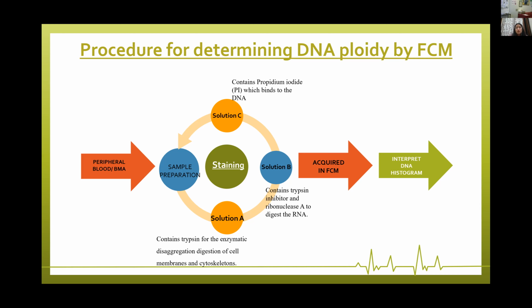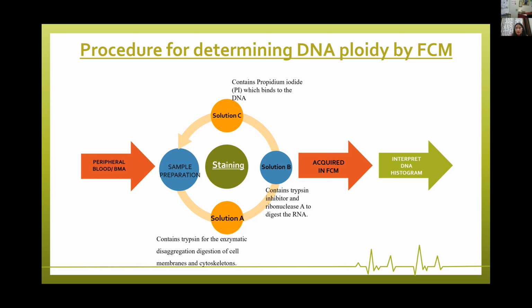Then we used solution B, which had trypsin inhibitor and ribonuclease A. This was present to digest the RNA. The third solution, the main solution, was the propidium iodide, which binds to the DNA. The first 2 solutions, A and B, were necessary to help the propidium iodide permeabilize into the cell.